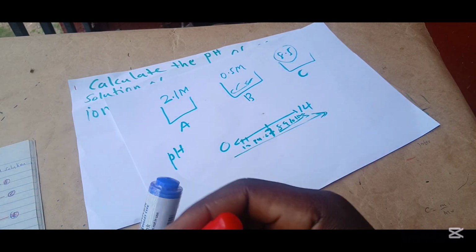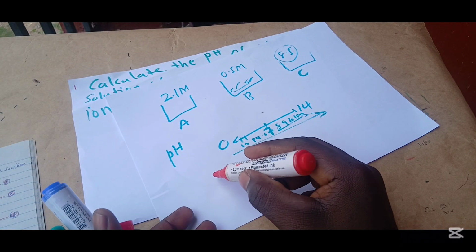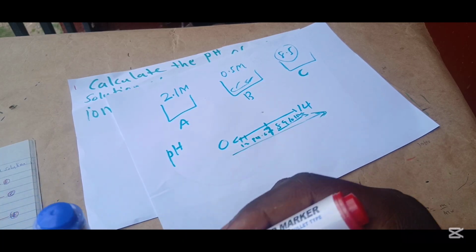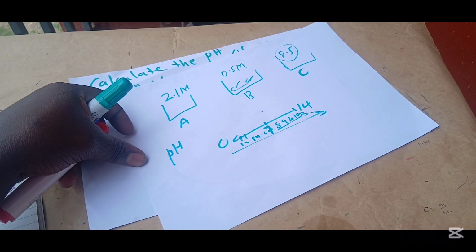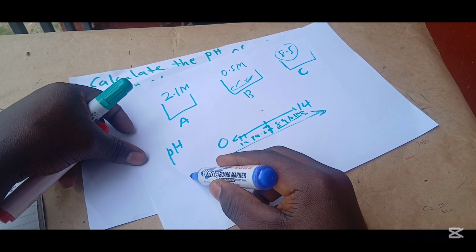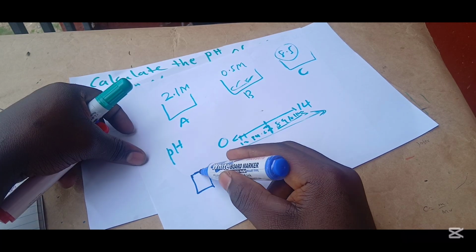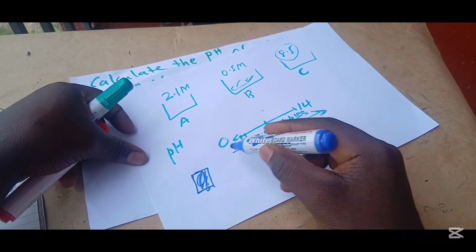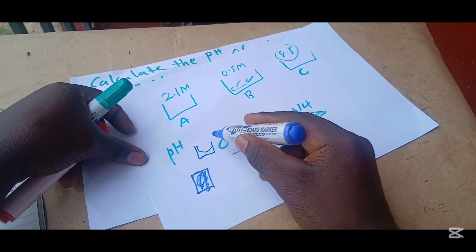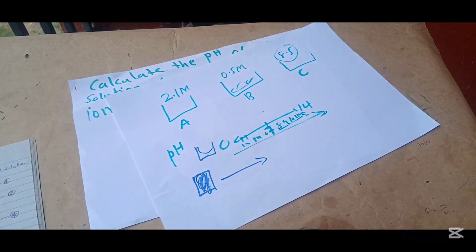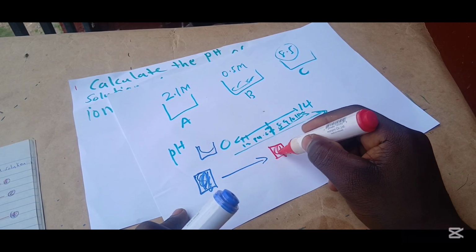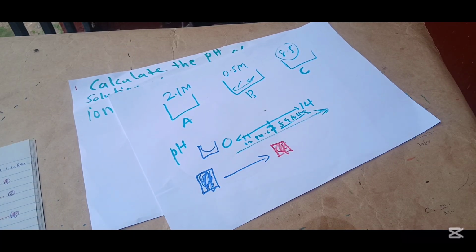Now, one basic test that you want to know is how to test and see whether a substance is an acid or a base. If I have blue litmus paper and I put it in a solution, and at the end of the day the blue litmus paper turns red, it means my substance is acidic.